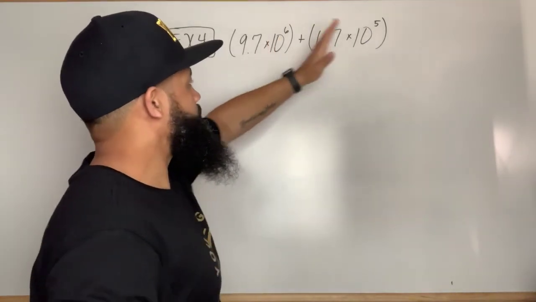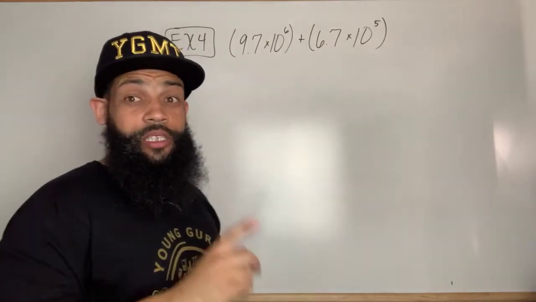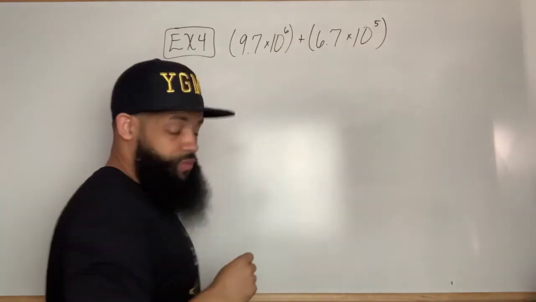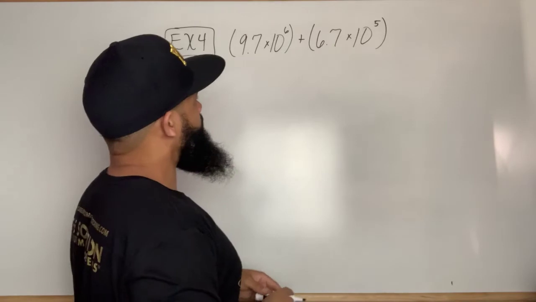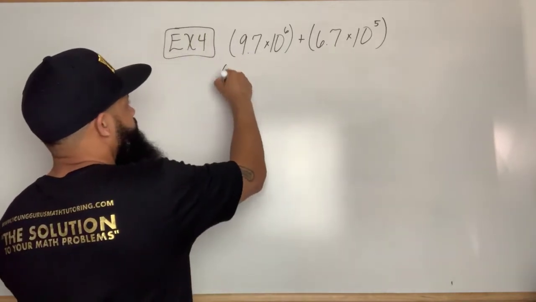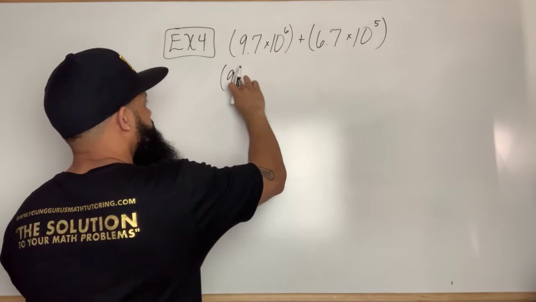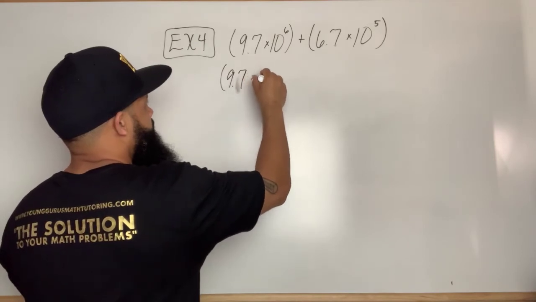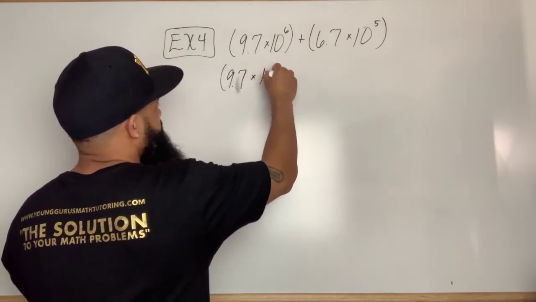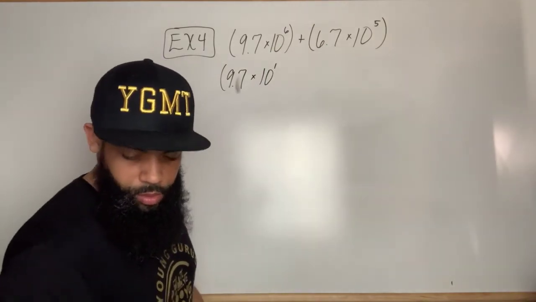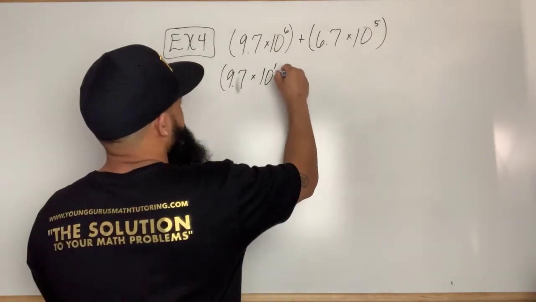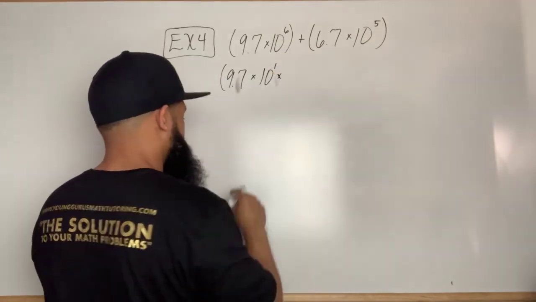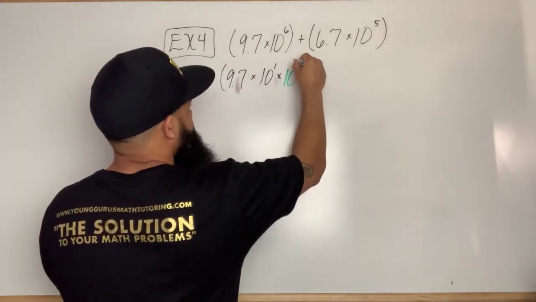So now we need to have these exponents be the same. What I'm going to do this time is use the 10 to the fifth power. So this can be 9.7 times 10 to the 1 power, and then times 10 to the 5th power.